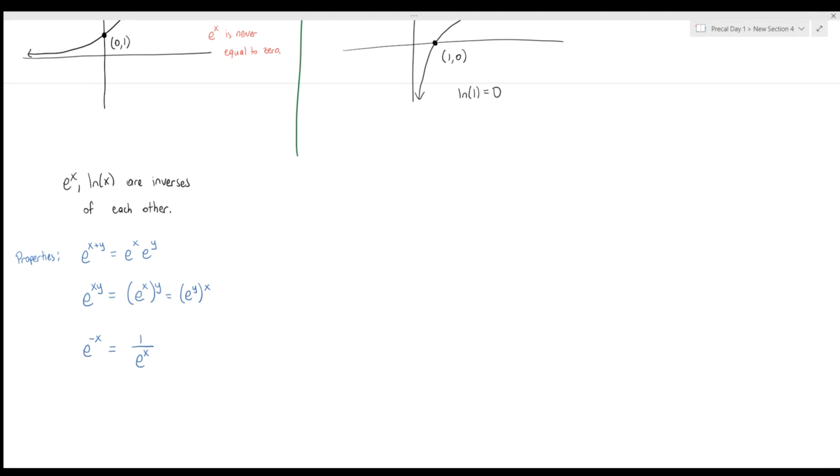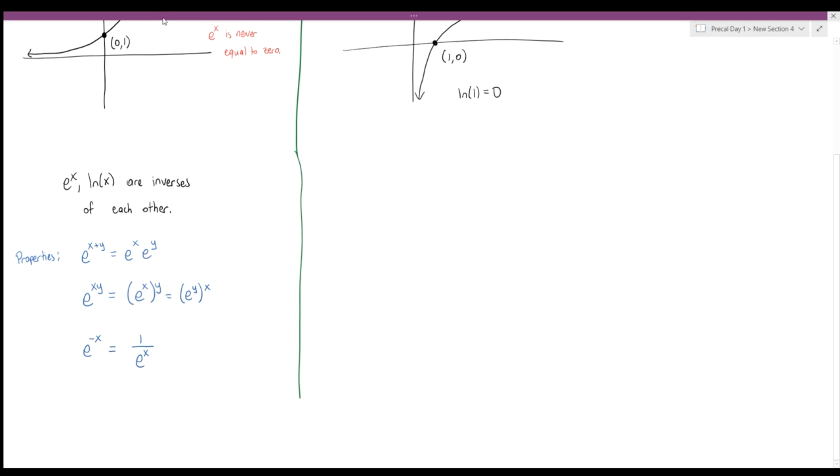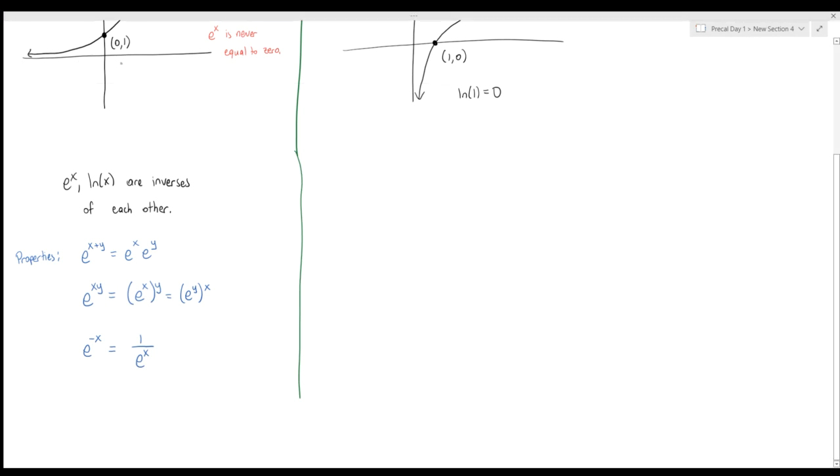Natural log also has some interesting properties. The properties of natural log are maybe a little bit more interesting and useful.